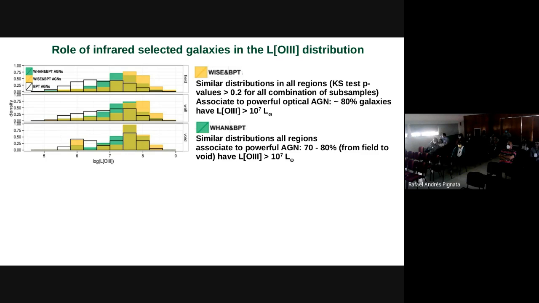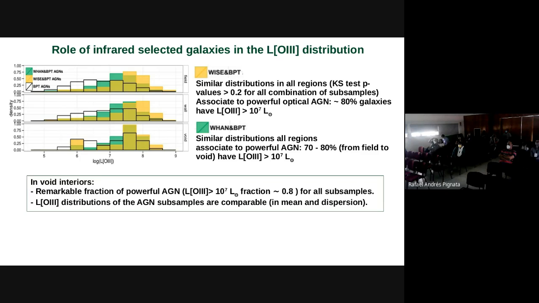And for galaxies that are BPT and WISE at the same time, we obtain also similar distributions. And if we analyze the void interior environment, the lower panel, we obtain similar distribution for the three criteria, and we also obtain a remarkable fraction of powerful AGN for the three criteria.